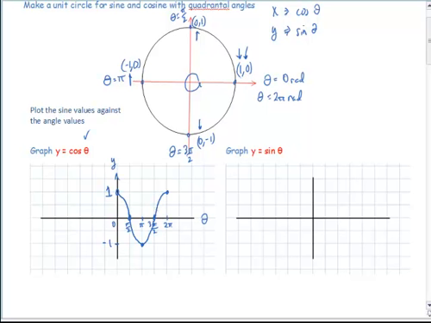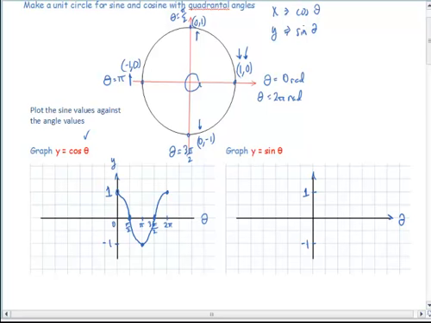And that curvature is created by the x-coordinate as it progresses around the circle; it gradually changes, going through its motion from 1 to negative 1. When we come over here and look at the sine function, we're going to graph that against theta as well. And again, the sine value will range from 1 to negative 1.